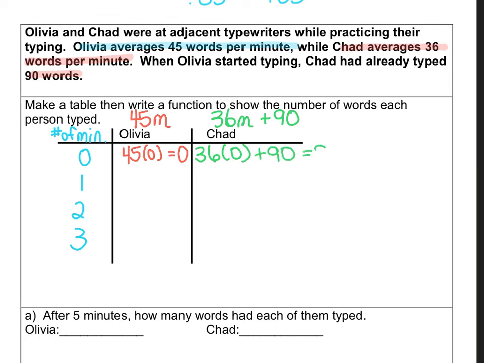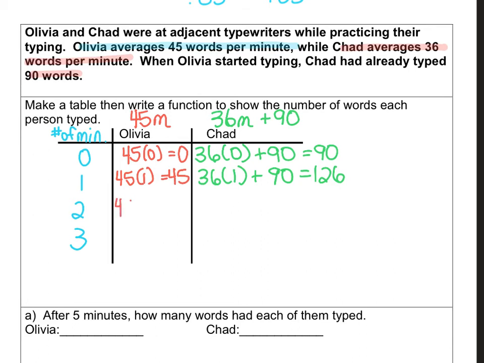Chad already had typed 90. So he's ahead. So again, at 1 minute, now Olivia has 45 words. Chad has his 36 words per minute plus his 90 word head start for 126 words.